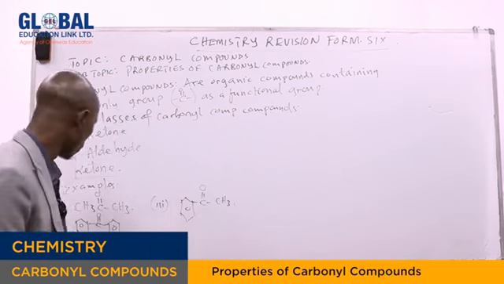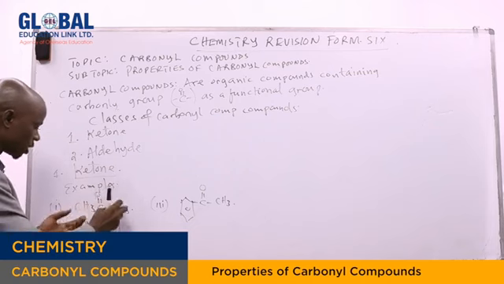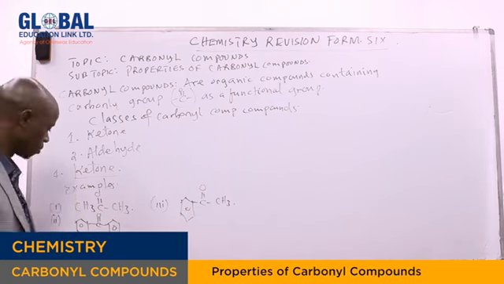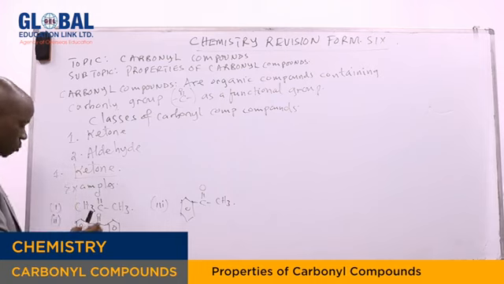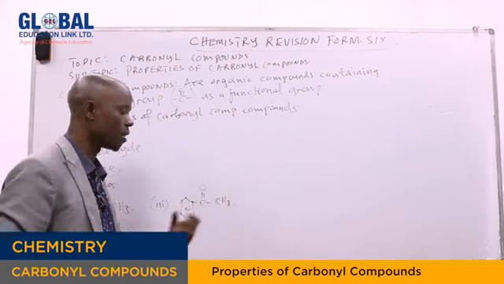In the first example, the carbonyl group is present between two alkyl groups. We have a methyl group and another methyl group. And in this particular part, the group is present between two groups, a phenyl group and another phenyl group. These are aryl groups. And here we have an aryl group and a methyl group.